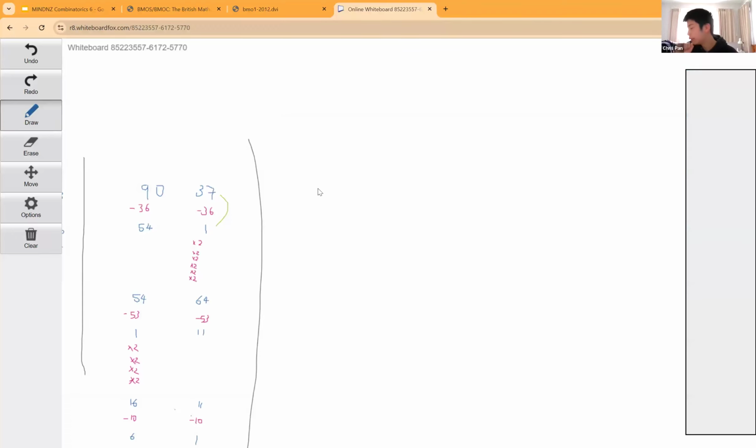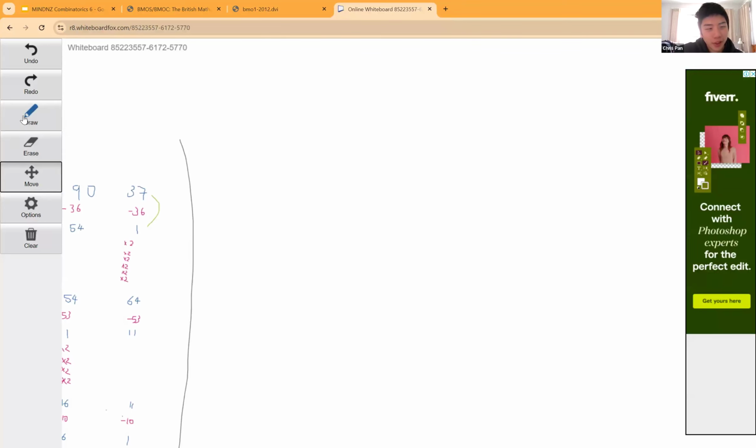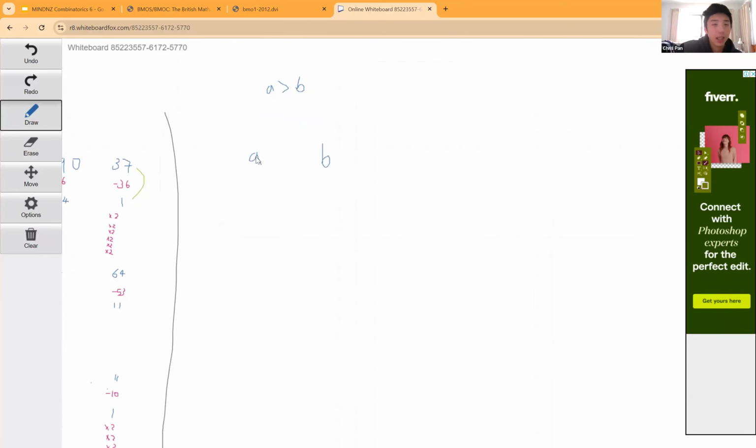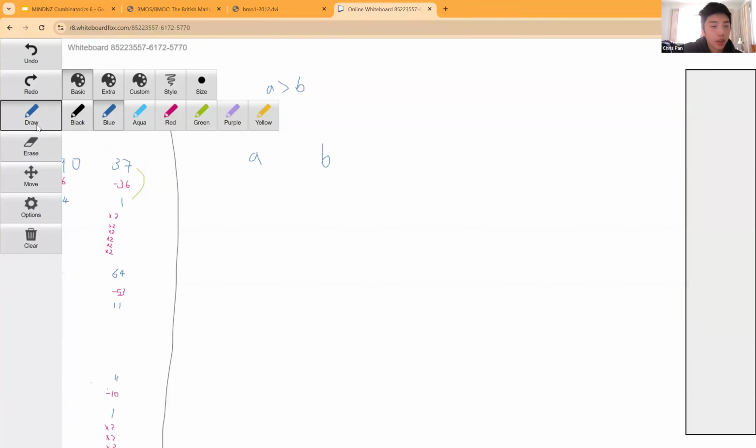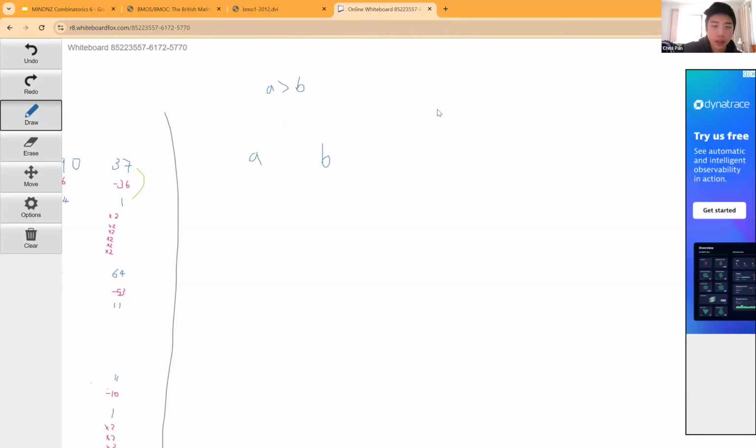Instead of 90 and 37, we're going to have A and B, where let's say A is bigger than B. Our current difference is clearly just A minus B. That's the difference between the two numbers.